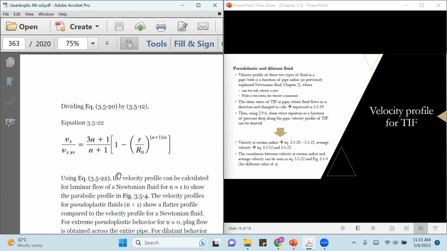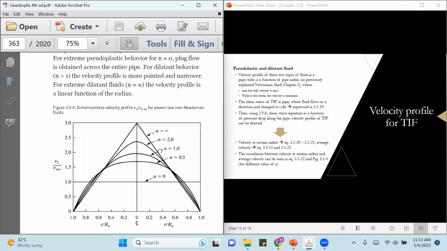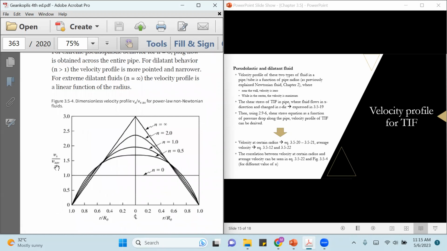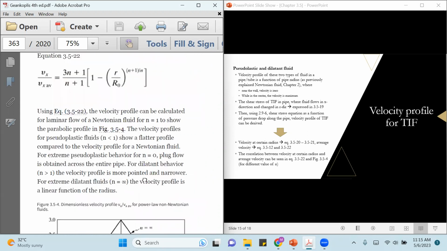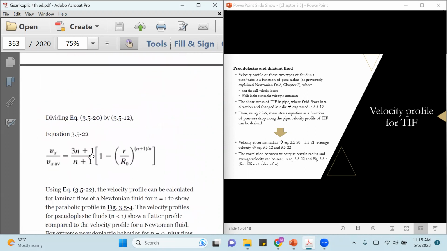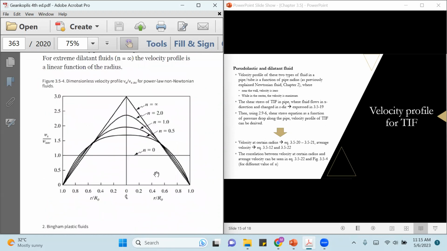Now, the correlation between the velocity at a certain radius and the average velocity can be seen here, or here, for different values of n.